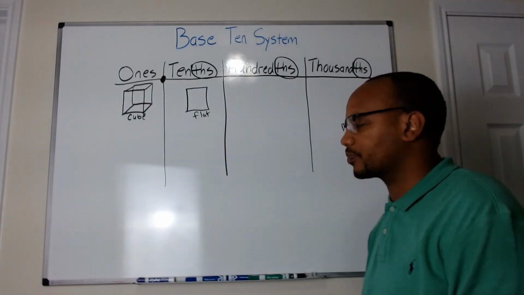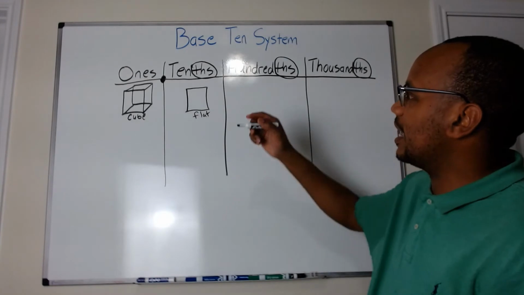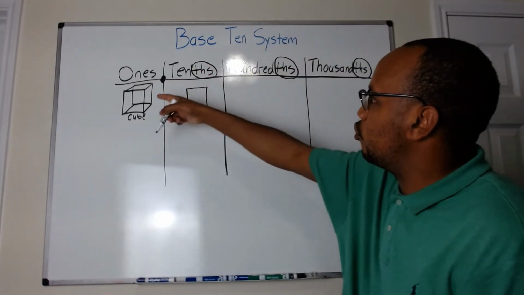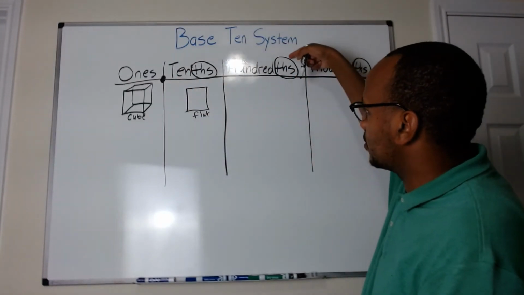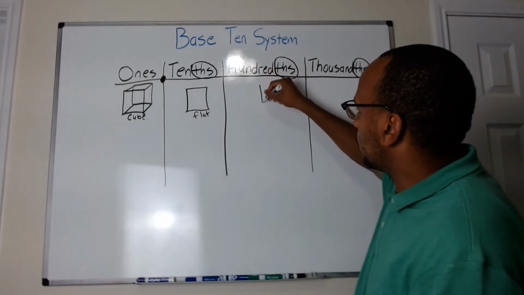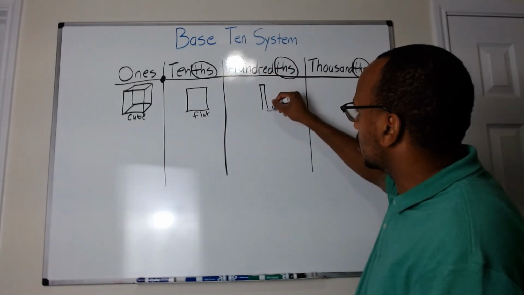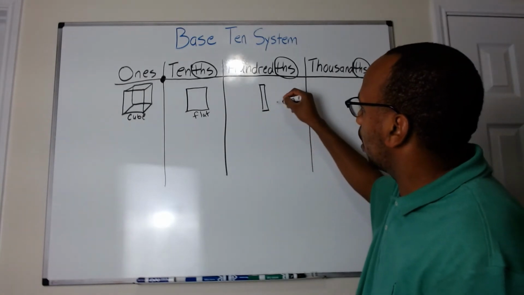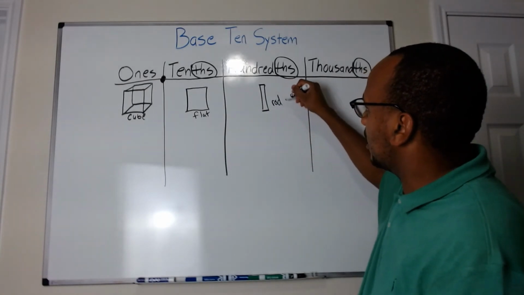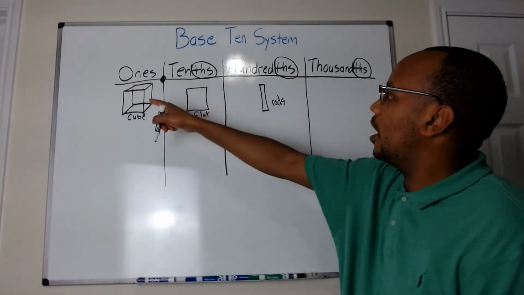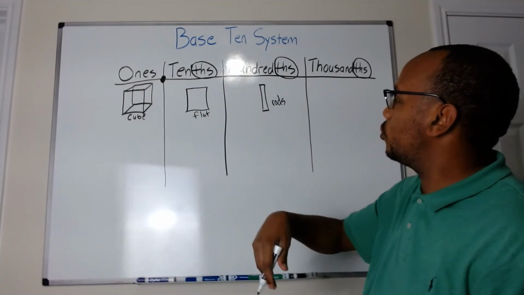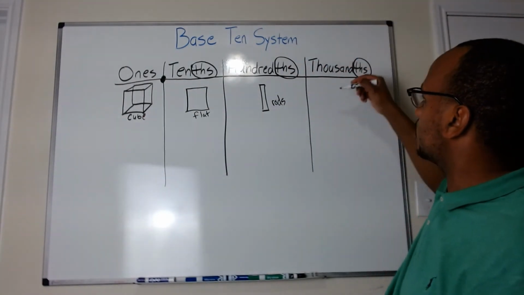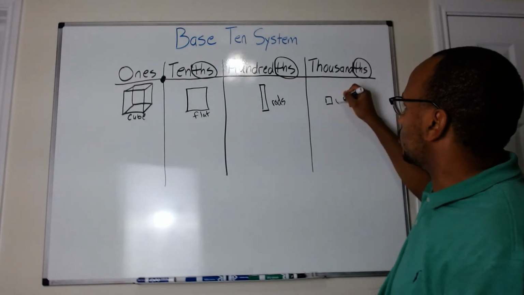Now if you take the cube and break it into 100 parts, you create rods. And if you take one whole cube and break it into 1,000 parts, this creates units.